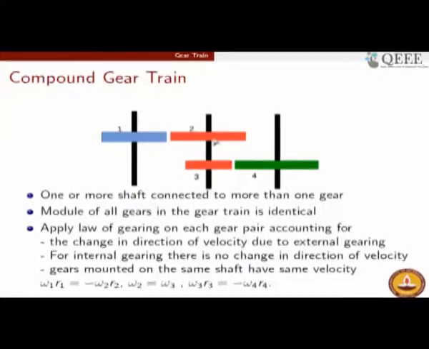But 2 and 3 being mounted on the same shaft will have the same velocity. So therefore omega 2 is equal to omega 3, and finally omega 3 R3 is equal to omega 4 R4, but with a flip in sign, because it is an external gearing. So there are three formulas that we have.